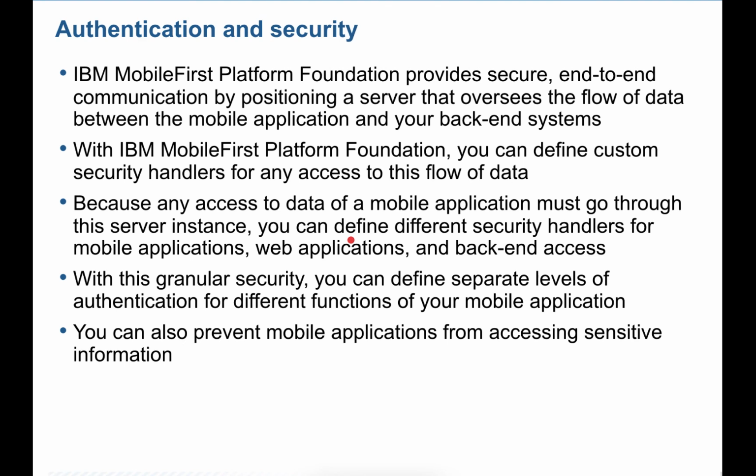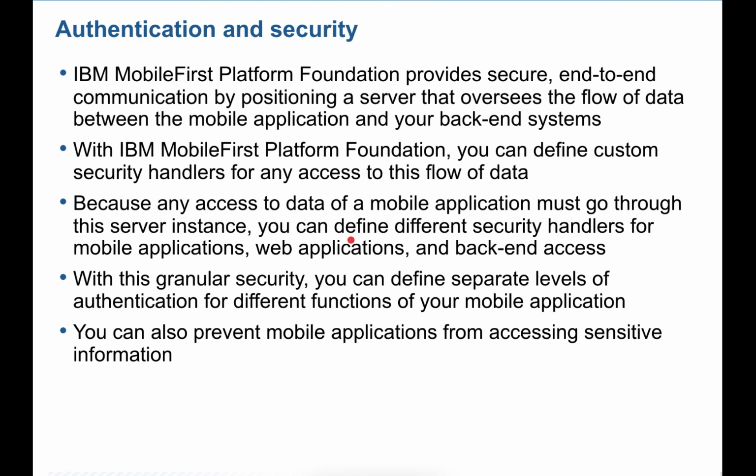You can authenticate everything. So Mobile First Platform Foundation provides secure end-to-end communication by positioning a server that observes the flow of data between the mobile application and your backend system. With IBM Mobile First Platform Foundation, you can define custom security handlers for any access to this flow of data, because any access to the data of a mobile application must go through this server instance.